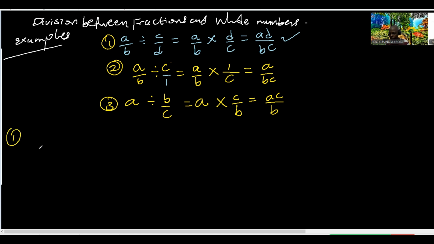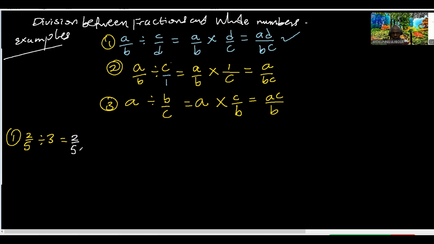One, if you have 2 over 5 divided by 3, tell me what to do based on this. Use this to guide you. Already you know we'll write our fraction, yes or no. Now tell me what to write. You have to write 2 over 5 divided by 3. What next?